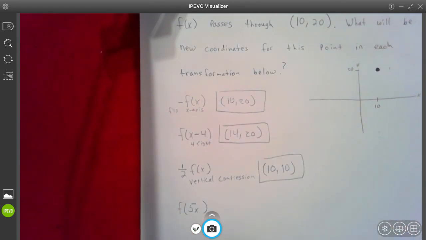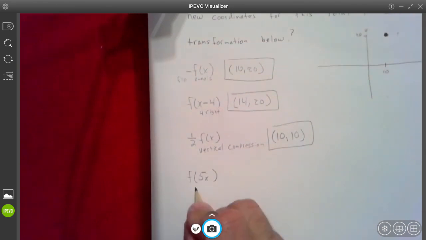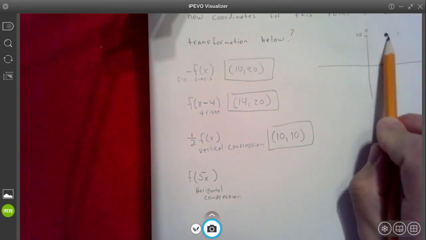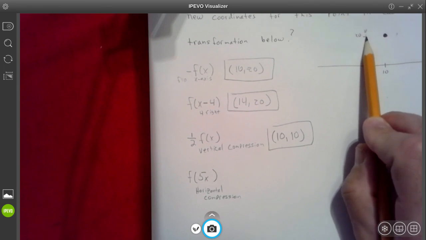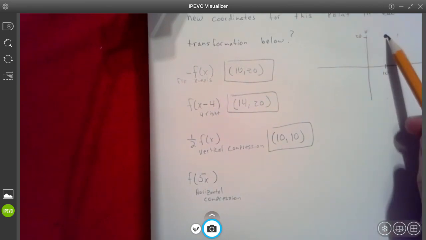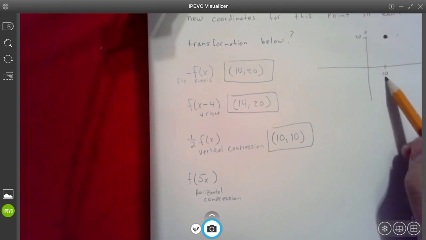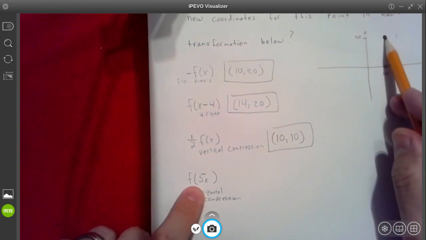All right, f of 5x. This one is a horizontal compression. And so this point is going to get sucked in closer horizontally towards my y-axis here. All right. My y values are going to stay the same, but my x values, 10, it's going to get divided by this 5 right here.